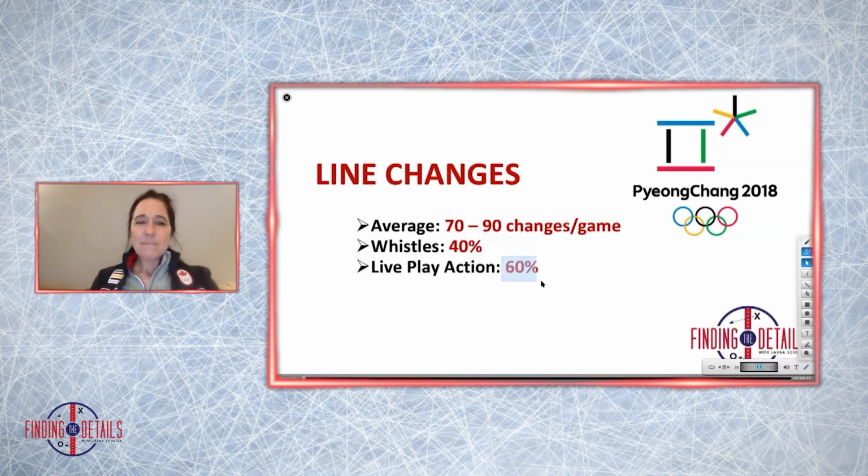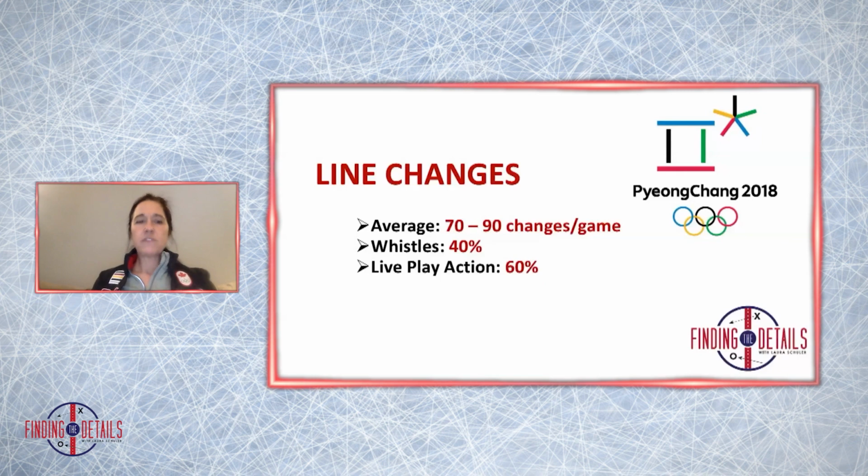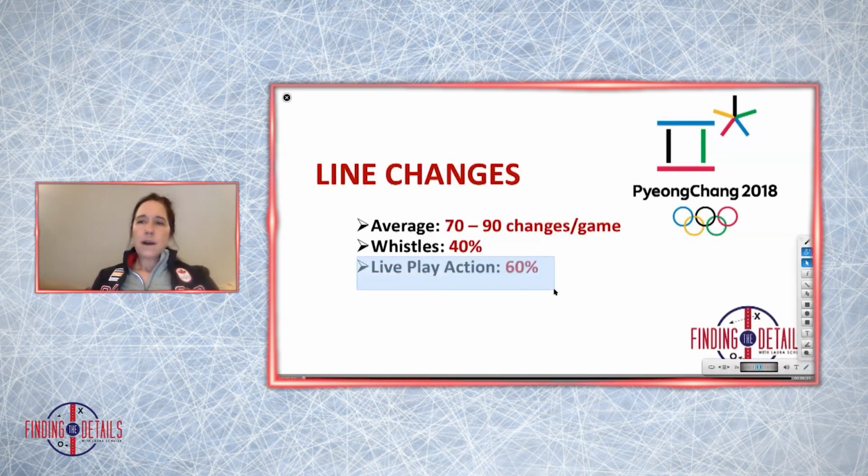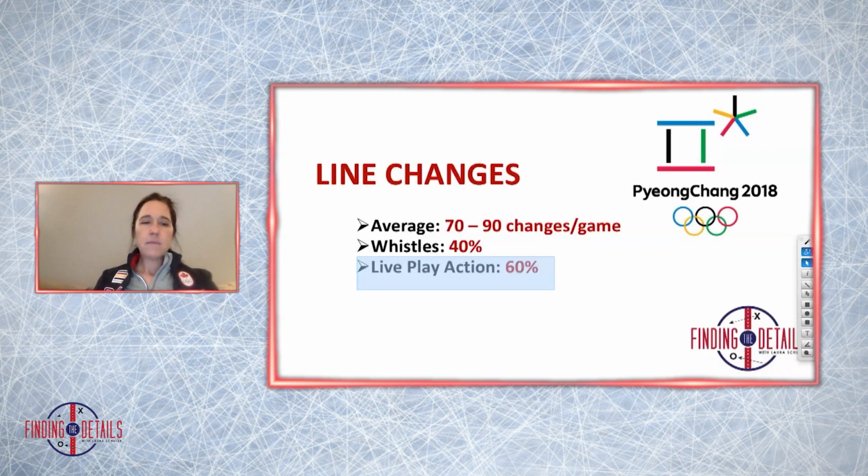But 60% were actually the result of live action play. And this is what I want to talk to you about today, because if you have a really good game plan here, this is where you can create the advantage for your team.